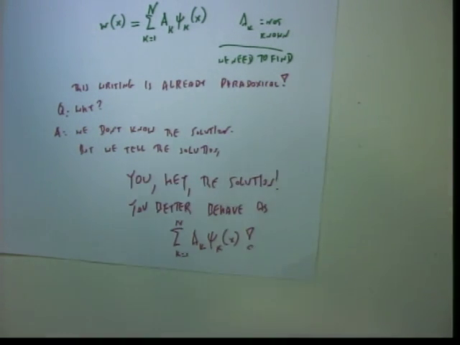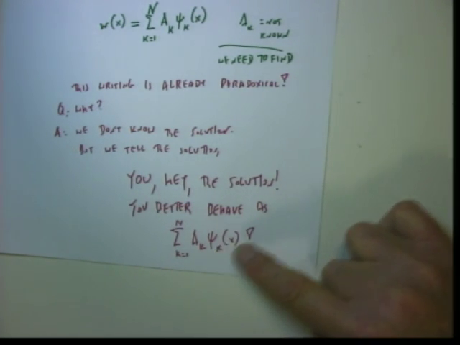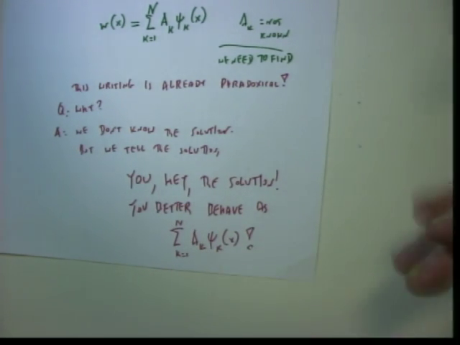I'm prescribing the solution. I'm telling you, I don't know you, but I will approximate you as a finite sum of some functions that I do know. So you are actually a linear combination of some functions that I know. Now I will tell you how much a_k should be.